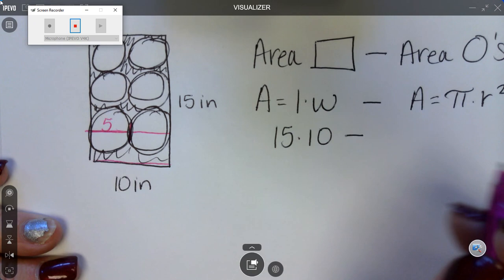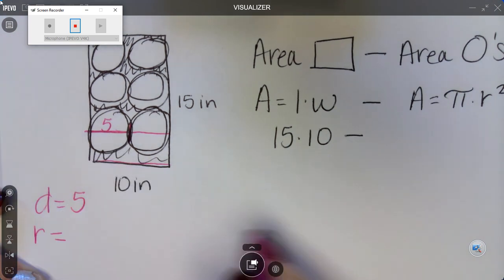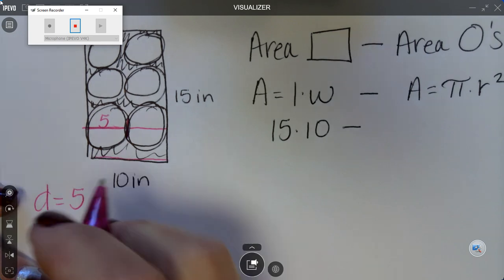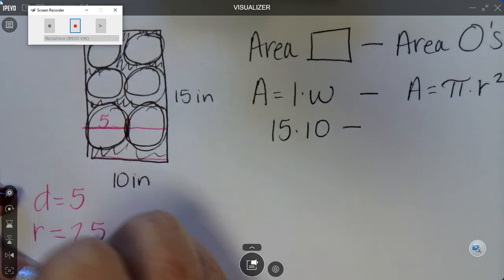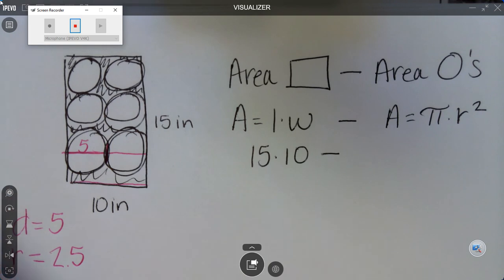If my diameter is 5, I need my radius. What's my radius? 2.5. Okay? So, please pay attention up here on the board. You're going to have a problem just like this tomorrow. And if you're not paying attention, this is going to be a challenge.